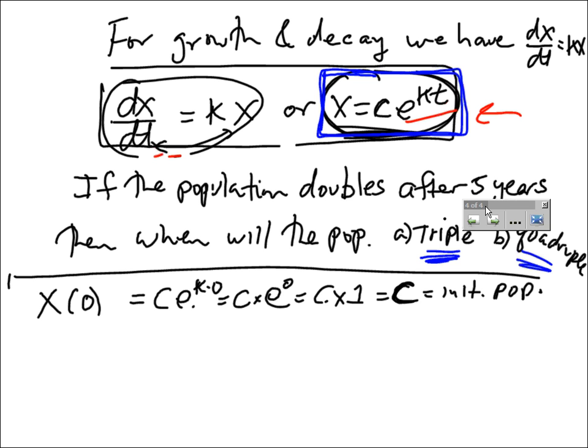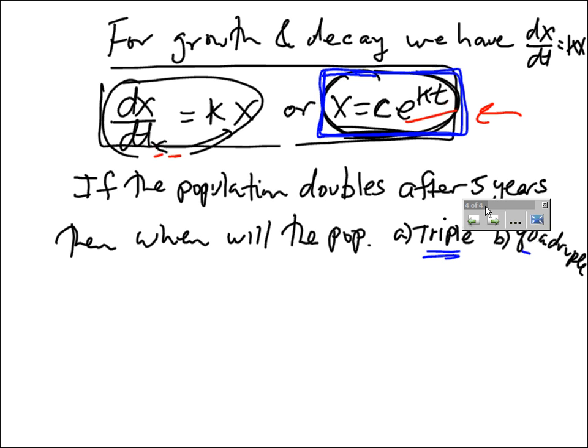Well, c is the initial population. Let's remember that. So we want to know when c e to the kt becomes 4 times c.